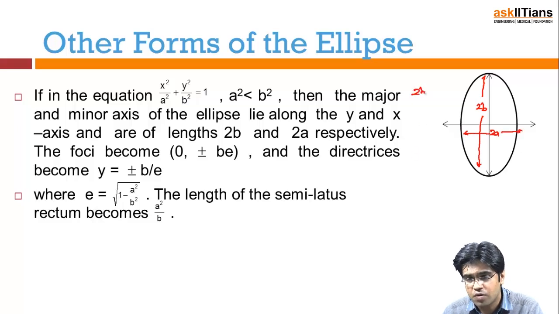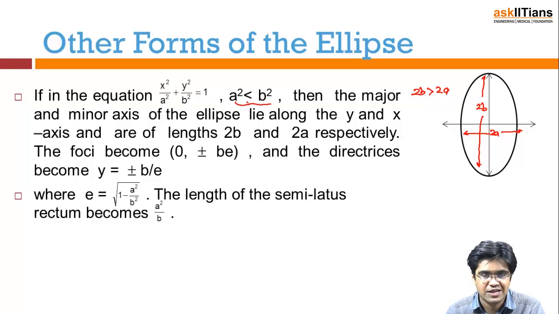That means 2b is greater than 2a, or you can say b square is greater than a square. The major axis and minor axis of the ellipse still lie along the y and x axes, but now the major axis lies along the y-axis and your minor axis lies along the x-axis. The lengths are again 2b and 2a, but your things will change.